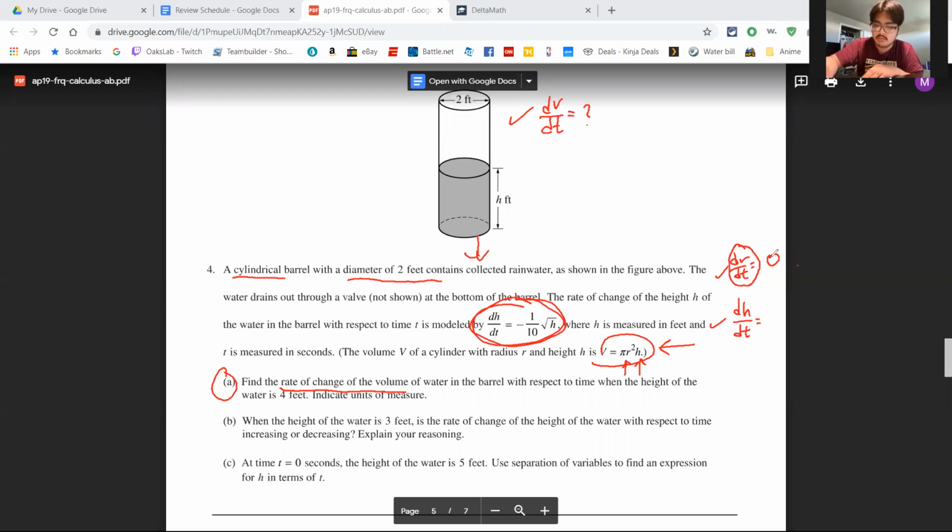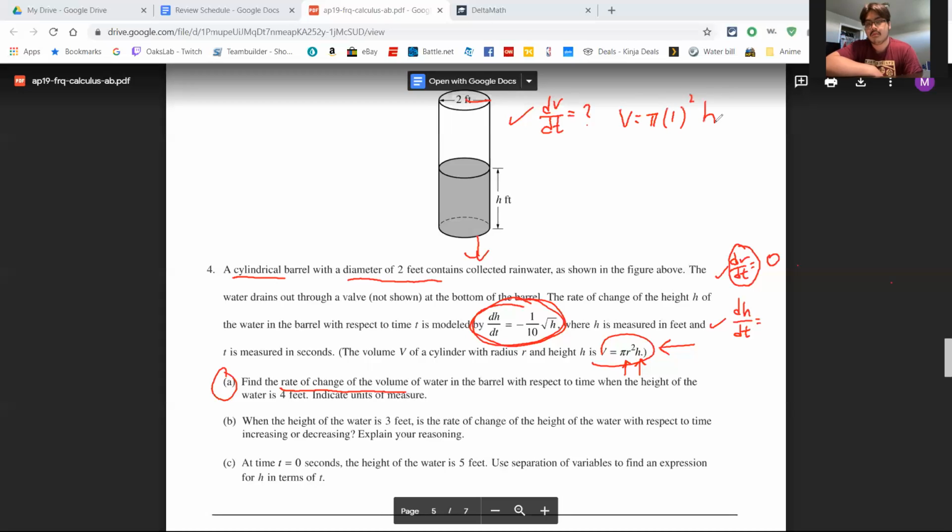All right. In fact, there are two ways to approach this problem. I will show you the fastest way. The radius never ever changes, it is always 1 foot. No matter where you are, no matter what height the water is, it always is 1 foot. So that means I can actually go ahead and plug in 1 foot from the very beginning of the equation before I take the derivative.